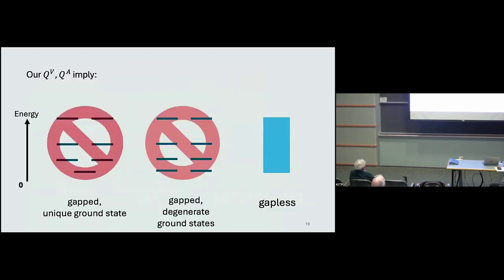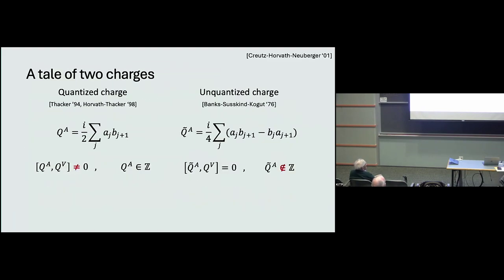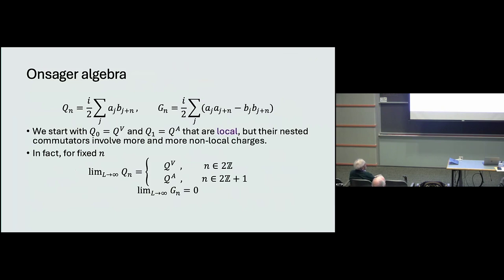The reason that I personally don't know how to gauge the Onsager algebra is related to David's earlier question: the Onsager algebra contains all these QNs. And when n is order L and you exponentiate it, it's a highly non-local symmetry. And generally, I don't know how to gauge something that's non-local. So it's not so much about the non-abelian nature, it's more about the locality.